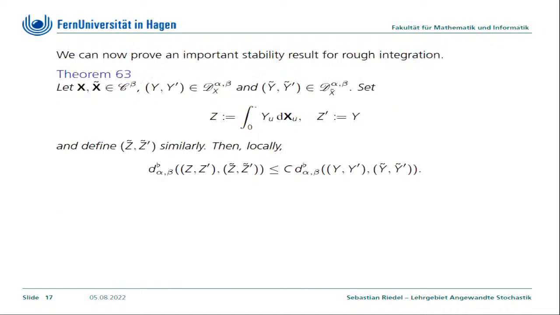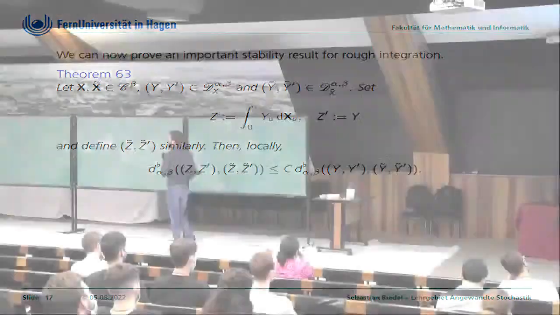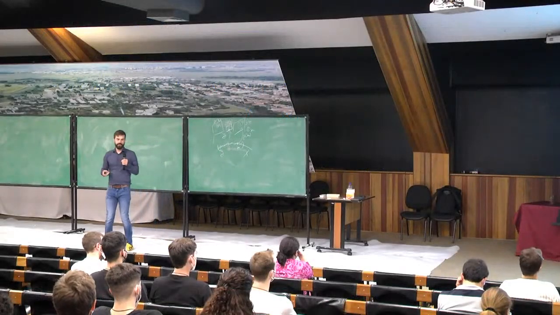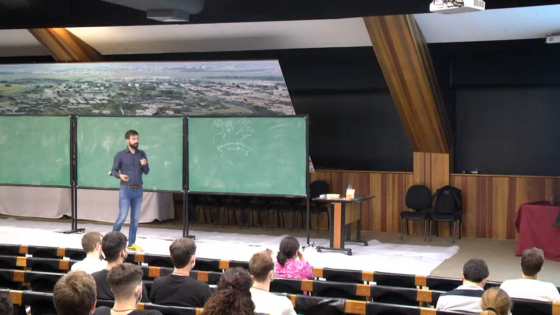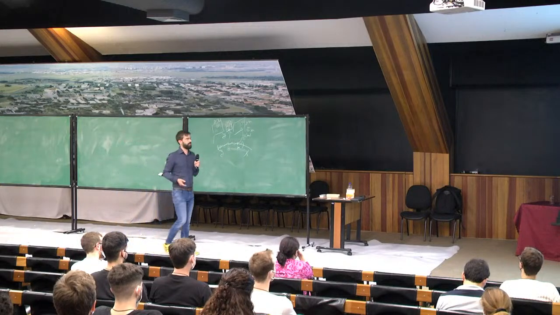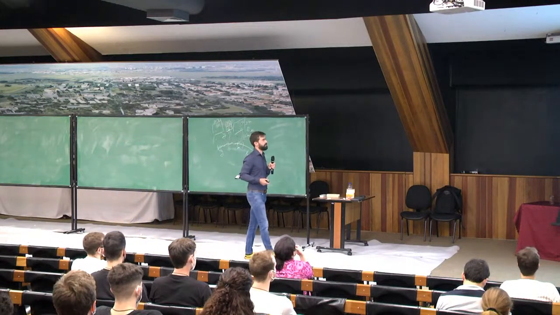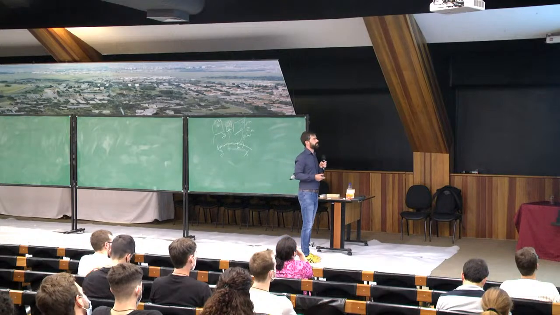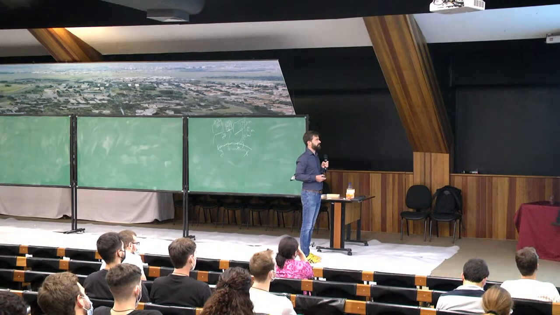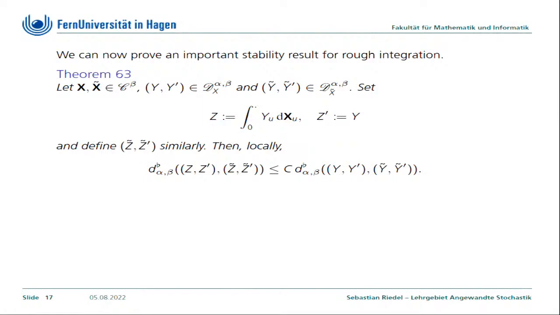Good. Okay. And now we can formulate the stability result for rough integration, which is well known, but we can formulate it now in these metrics. So we want to state the stability result for rough integration. And stability means that we have different rough paths here, x tilde, and we have different controlled paths living in different spaces.